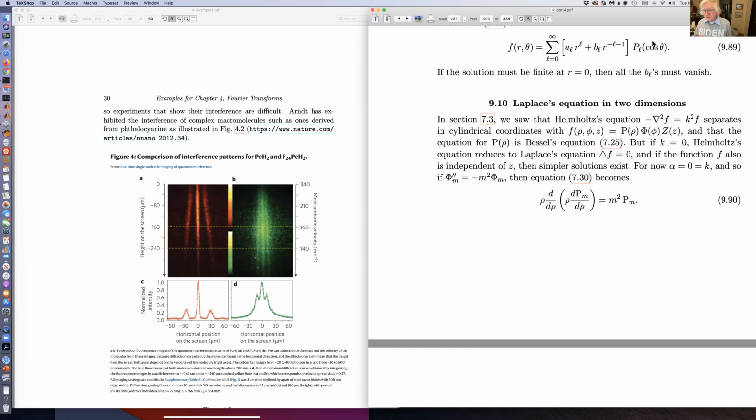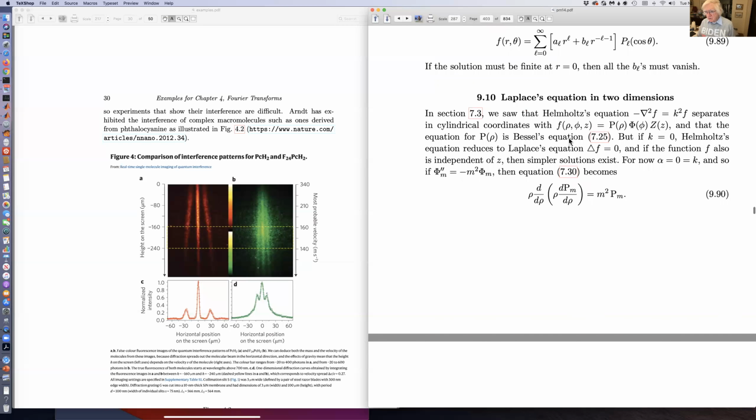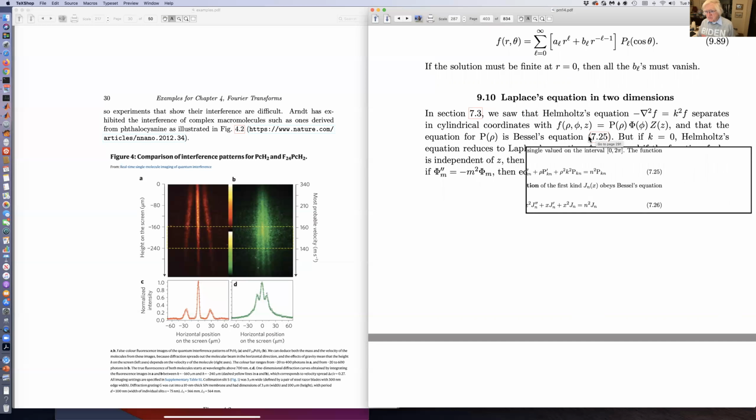We can also think of this as a solution in 2 dimensions. And if we just start with the solution of Helmholtz's equation in cylindrical coordinates, then we have some capital R of rho, capital Phi of phi, and capital Z of z. Then the equation for the radial function is Bessel's equation, which of course we've seen many times.